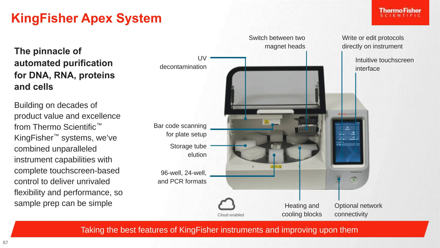Right, great. Thank you. And it looks like we have time for one more question. Who should I contact to determine if a process I'm currently running could be adapted to run on the Kingfisher system and to identify which would be best to try? I can answer that. You would need to contact one of our TSS teams because you're trying to adapt one of your current protocols, right?